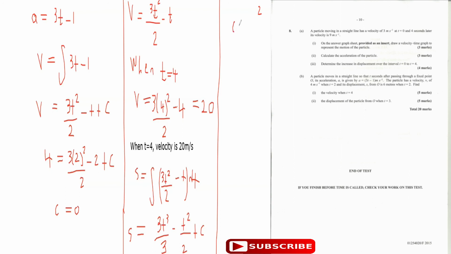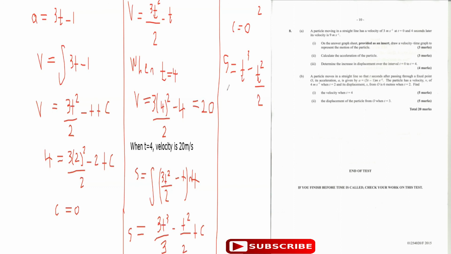So c works out to be 2 cubed is 8 minus 2 squared divided by 2 is 2, which is 6. And so c works out to be 0. So what does that mean? That means that the formula for s is just t cubed minus t squared over 2. Alright, that is s.